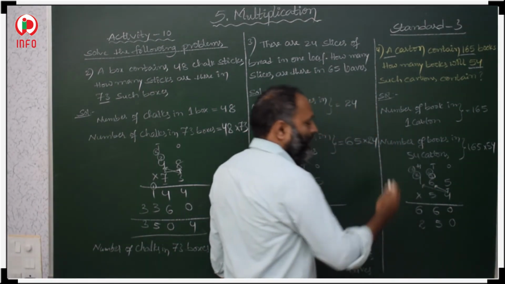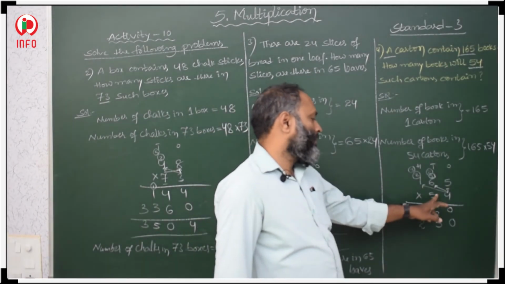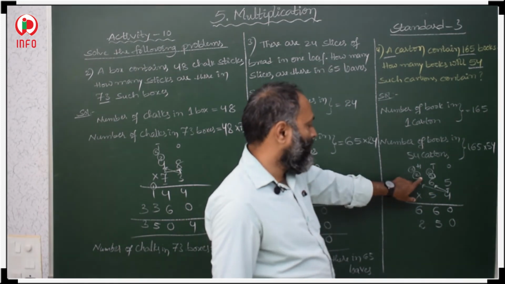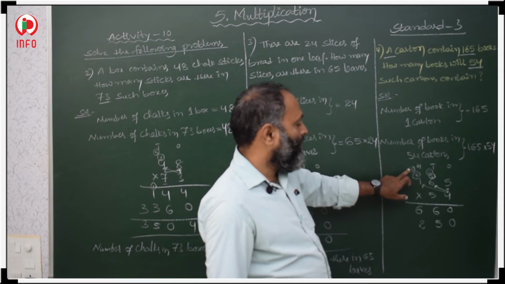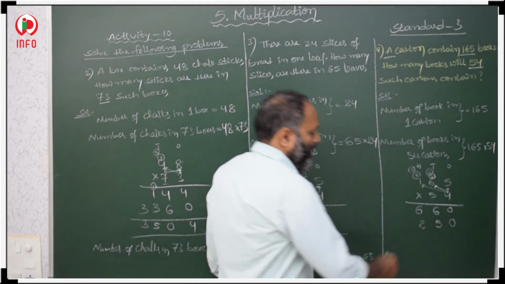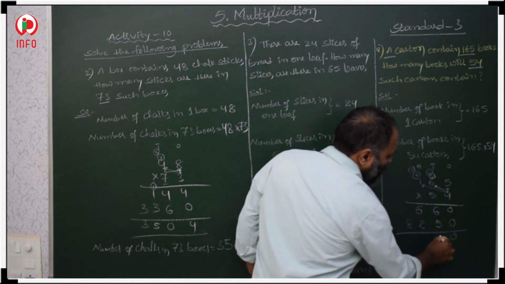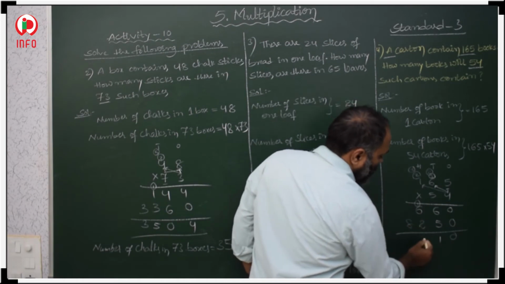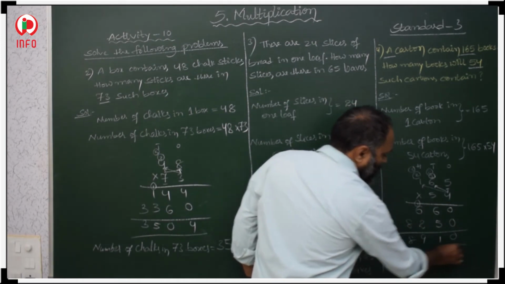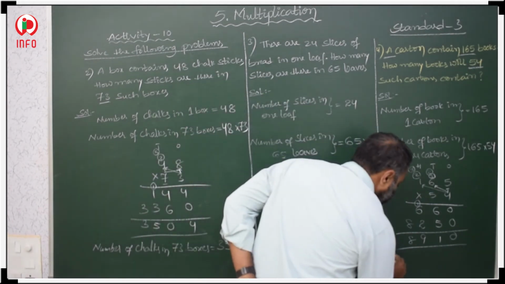Now 5 1s are 5, 5 plus 3 is 8, 8 we have to write here. 0, 6 plus 5 is 11, 6, 7, 8, 9 and 8. 8,910 total books.